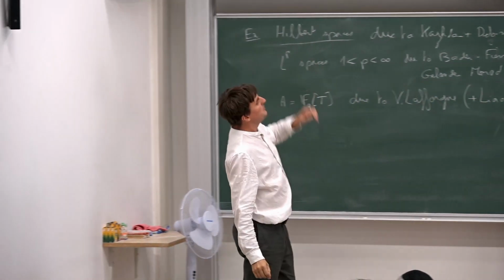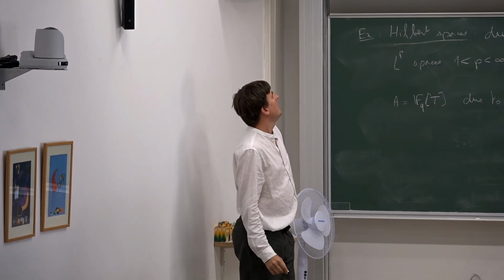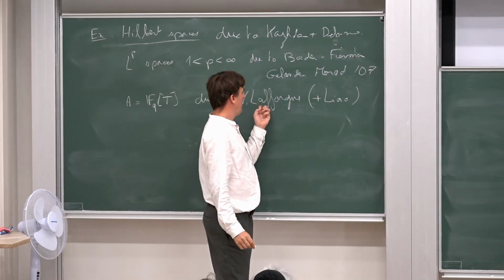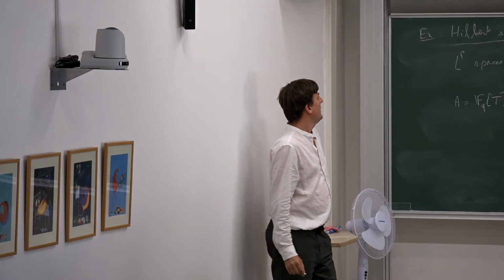For this statement, it's due to Laforgue, and if you take any high-rank lattice over a non-Archimedean local field, this is a work by Laforgue and another work by Liao that gives that.